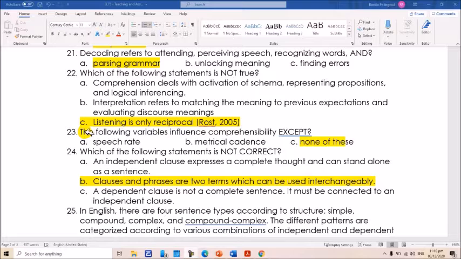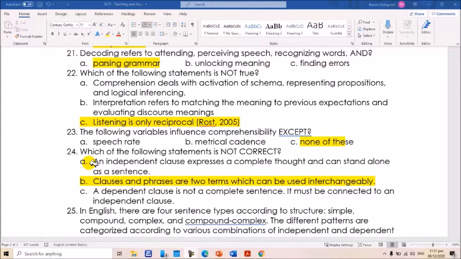Next, 23, the following variables influence comprehensibility. The answer here is none of these. More explanations can be found again on the self-learning guide. Number 24. Which of the following statements here is not correct?